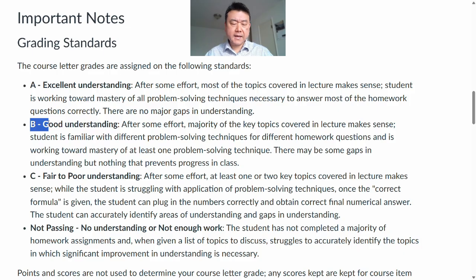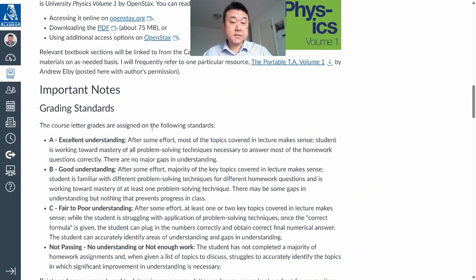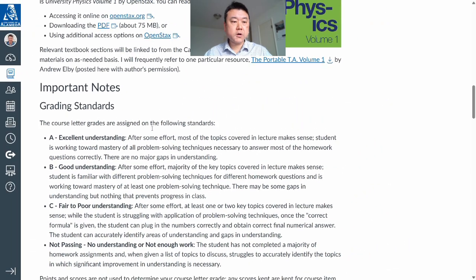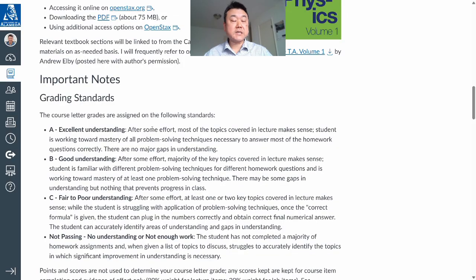Our class is a conceptual physics class, so the physics problem solving is not as quantitative and math oriented as physics 4A would be, but still I want you to focus on what kind of physics explanations you can give in some sort of one-on-one meeting.